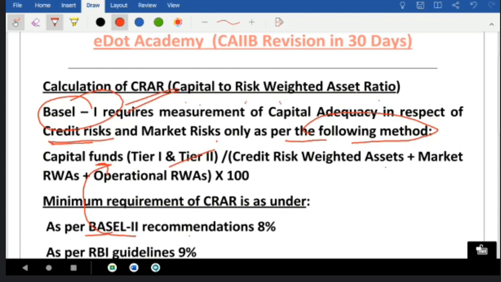That means the denominator will remain the same, and the numerator will keep on changing depending upon the value which you are going to find out. Understood? Okay, then we'll see what is the CRAR requirement as per Basel 2. We'll be using the formula, will come at the last. We'll do some numericals. So what is the minimum requirement as per Basel 2? As per Basel 2, the minimum requirement is 8%.